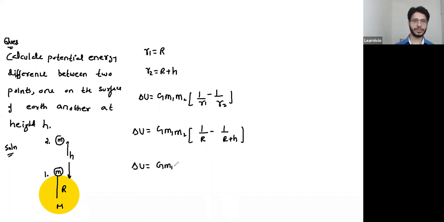So this is G M1 M2. You can do one thing: you can take R into R plus h as LCM. This will be R plus h. Or instead of M1 and M2, I'm using small m and capital M. So I'm taking M1 as capital M and M2 as small m.